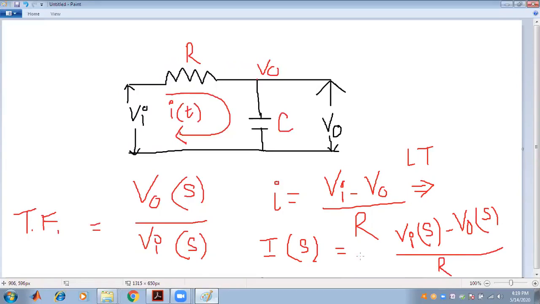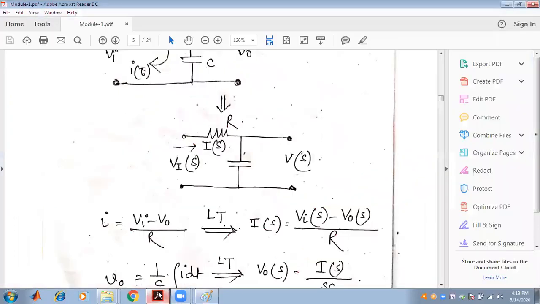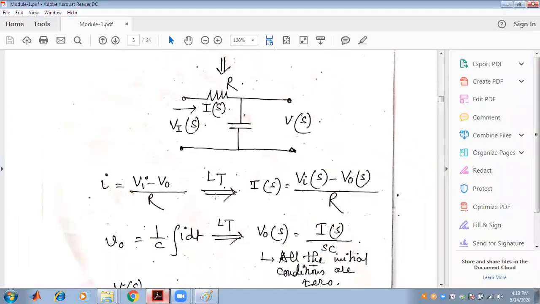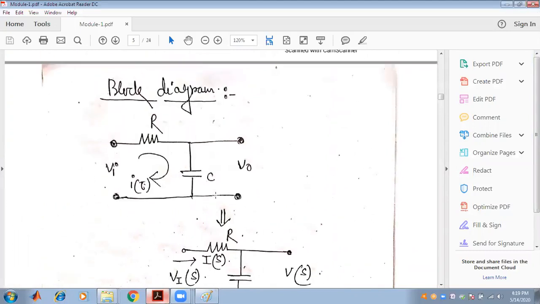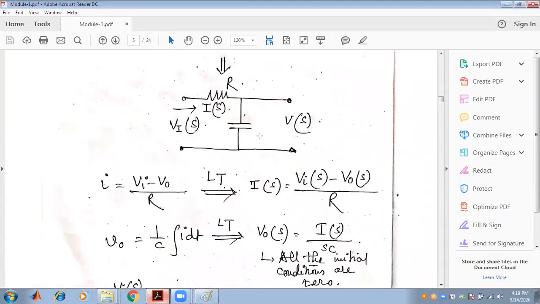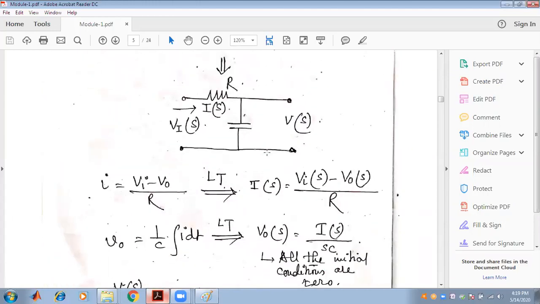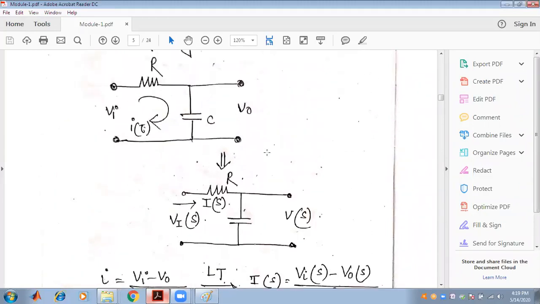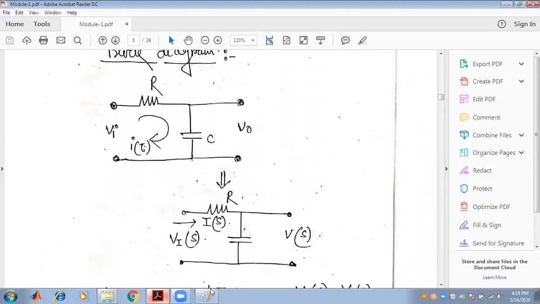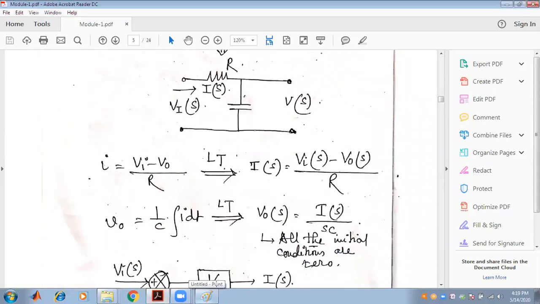Now I just take the system to the Laplace domain. In order to take the system to the Laplace domain, first of all, we have to take the output from that particular system. Output is V0. So what is the output V0 of that particular system?